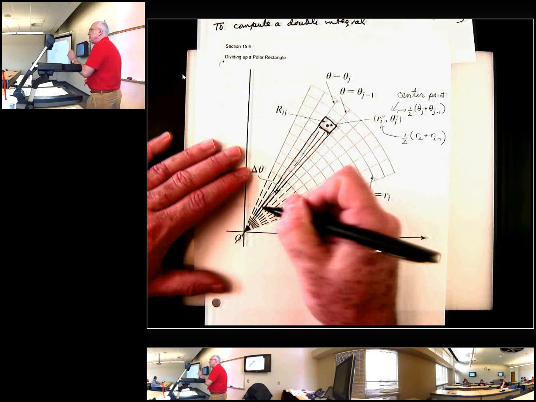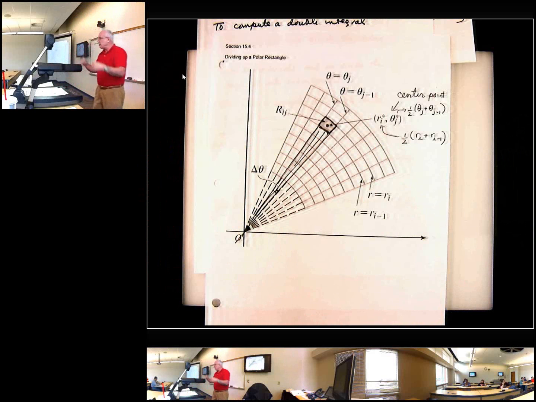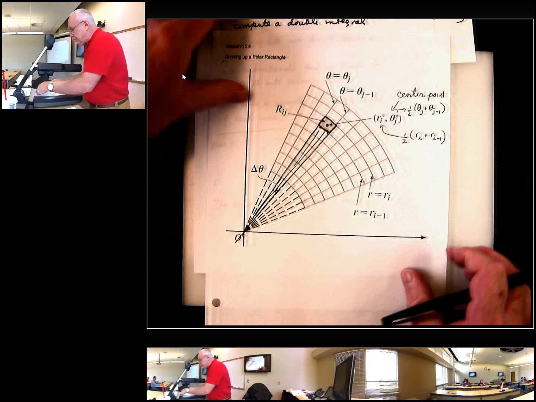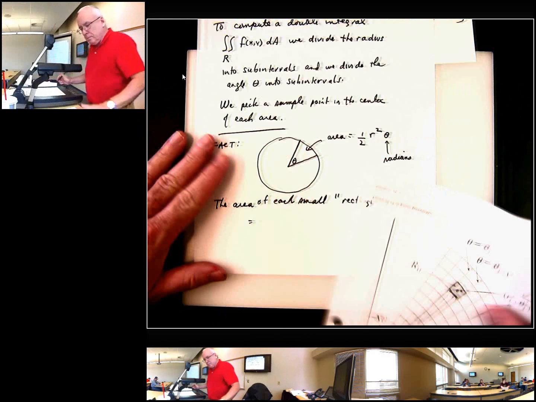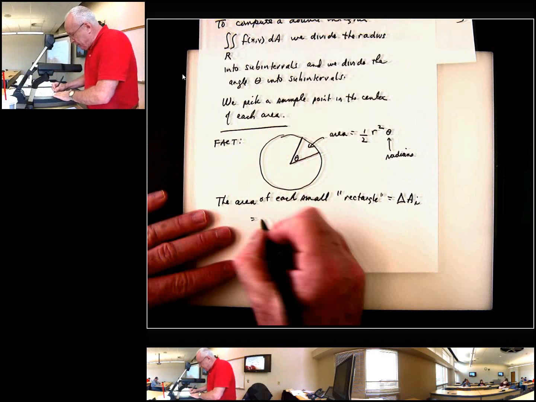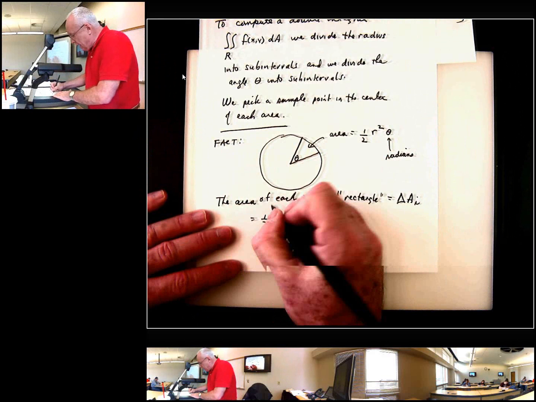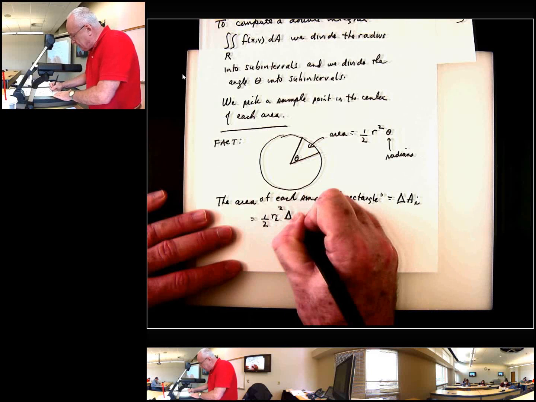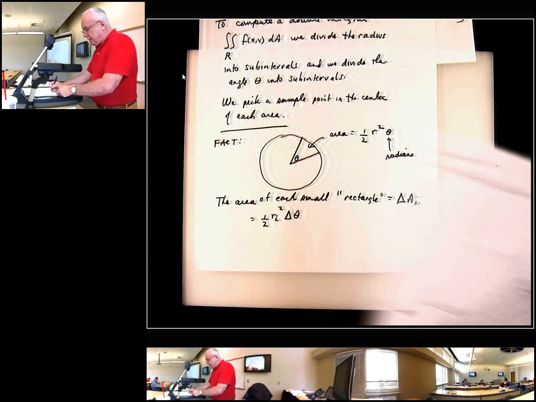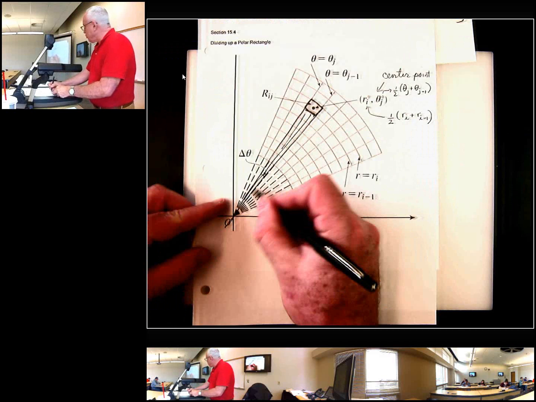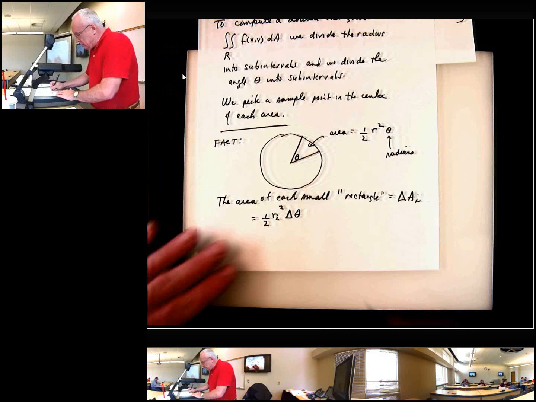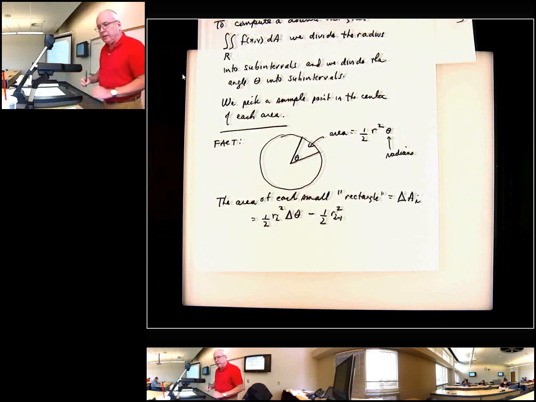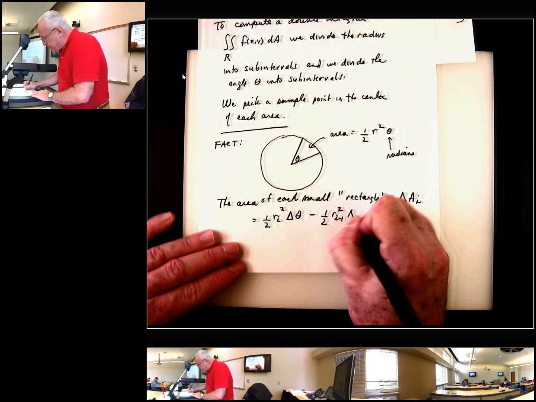So what's left is that gray area after I subtract the smaller piece of pie from the bigger piece of pie. And I'm going to use this formula here. So the area of the bigger piece of pie is 1/2 r sub i squared delta theta, where delta theta is the angle that we're talking about, minus 1/2 r sub i minus 1, the smaller radius, squared times delta theta.